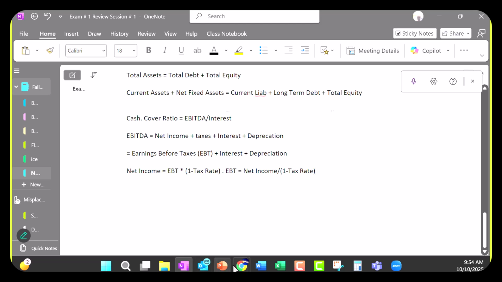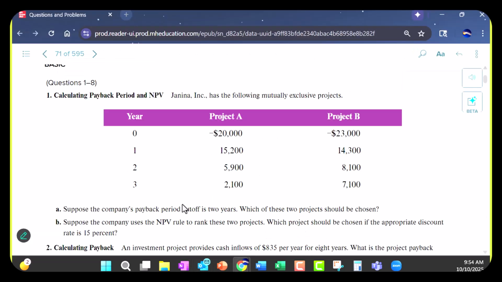And of course, in this case, NPV gives me project B, payback gives me project A. When there's a conflict, what do we do? We go with NPV, because when projects are mutually exclusive, criteria like NPV, IRR, profitability index don't know anything about the scale of the problem.